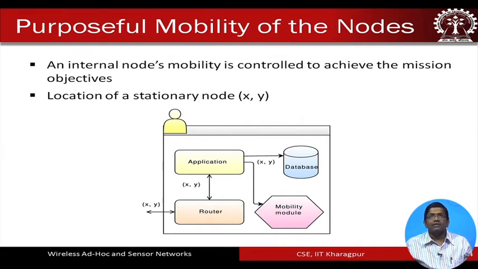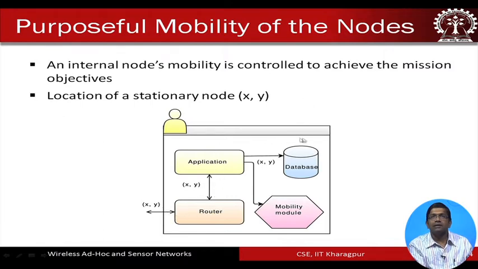And for a stationary node with location x, y: a stationary node could be a victim, or a relief camp or something like that, which is relatively stable over time. The locations of the stationary nodes can be stored in different databases, and these locations can be shared with the other nodes through different applications.